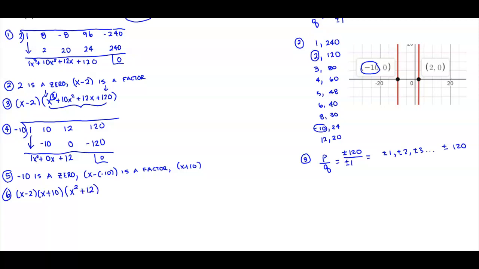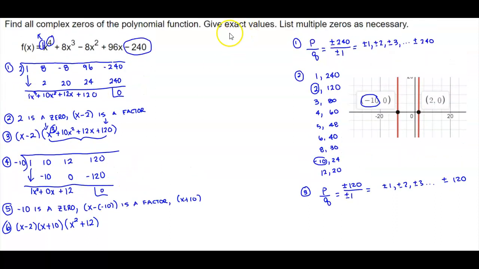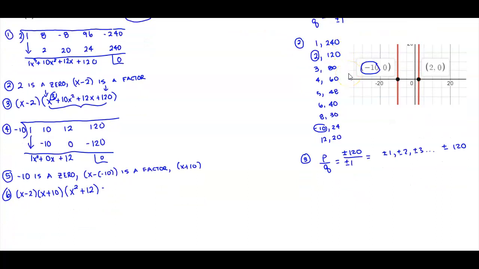Now that this is the factored form, we need to find the zeros of the function, because that's what it asks us, to give the exact values of the zeros. So we're going to set this equal to 0. In part 7, we let x minus 2 equal 0, or x plus 10 equals 0, or x squared plus 12 equals 0. So x is going to equal 2, and x is going to equal negative 10.